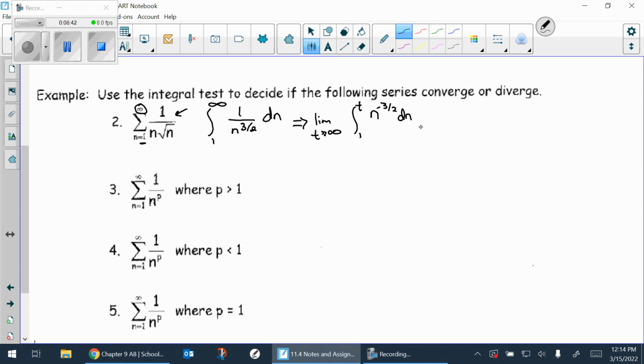So let's do that. We're going to take the antiderivative. When we take the antiderivative, we're going to get n to the negative 1/2 divided by negative 1/2, or times negative 2. And that has to be evaluated between 1 and t.